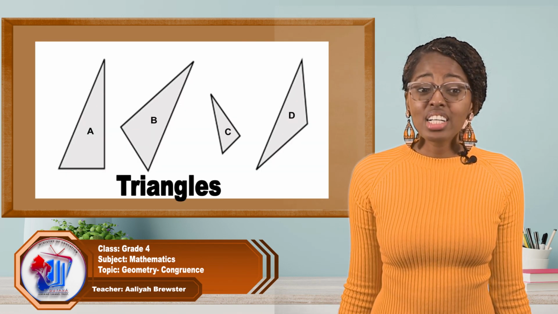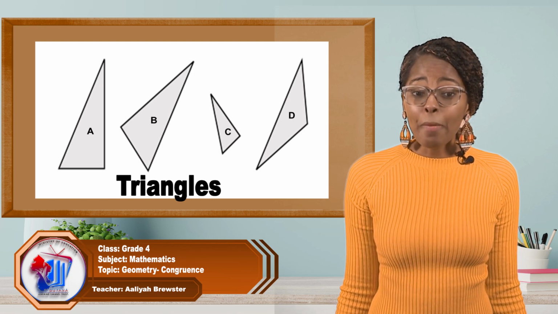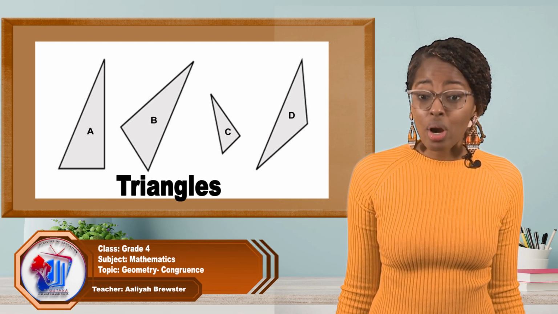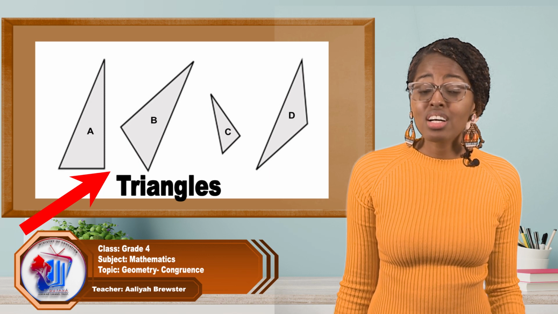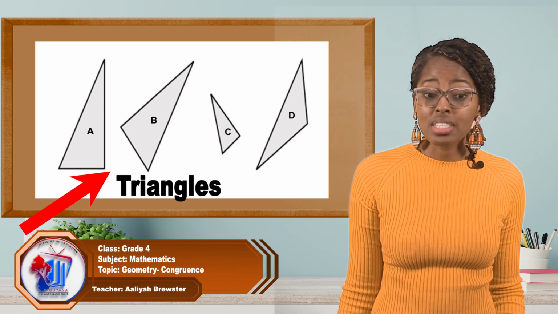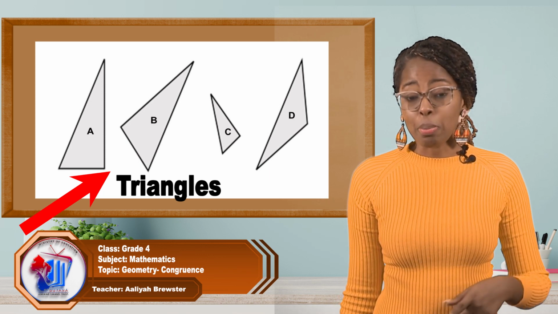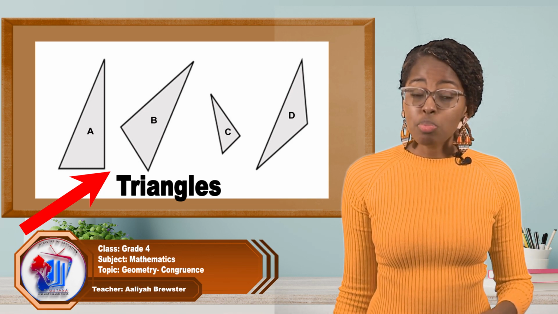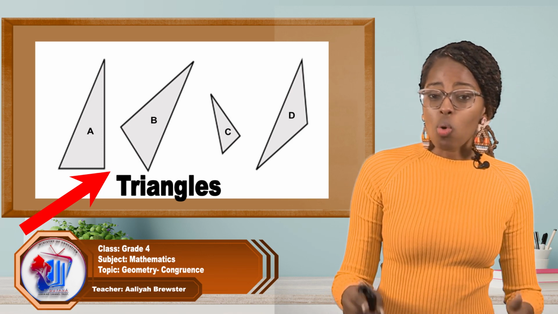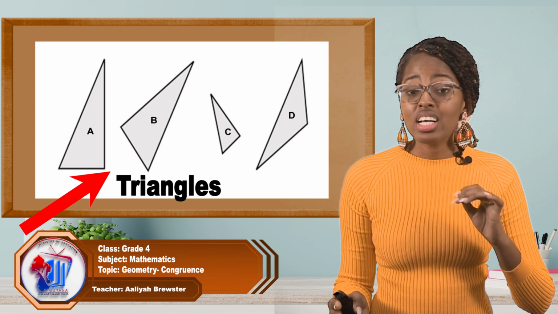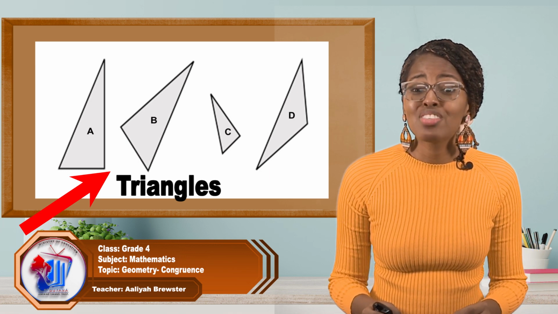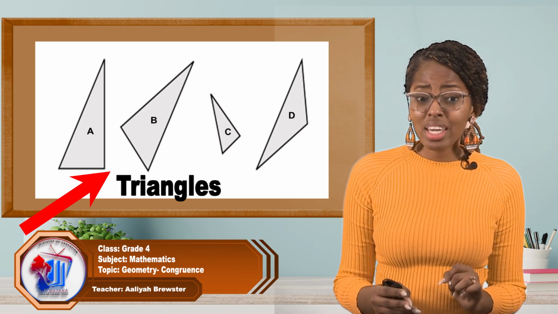Looking at the triangles, we're going to work an example to see how congruence works. The two triangles on the left, triangles A and B, are congruent. Even though they're not positioned the same way, one is slightly tilted, they are still congruent because they have the same measurement, okay?